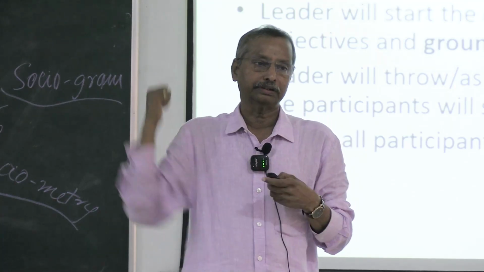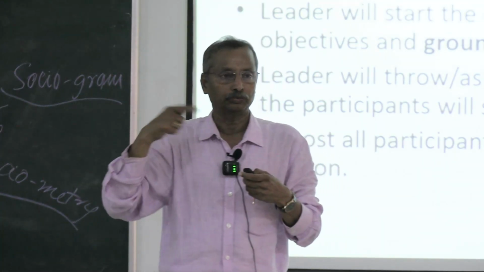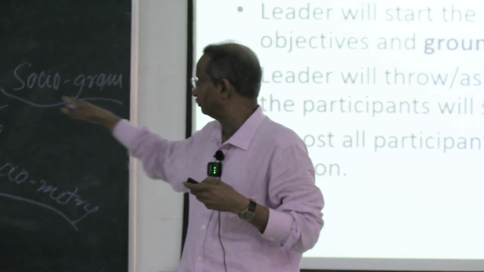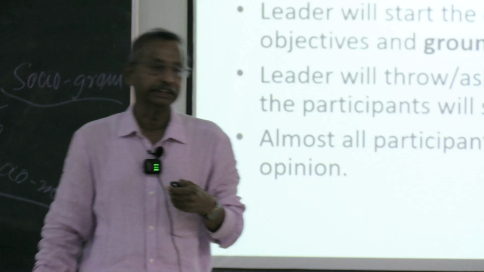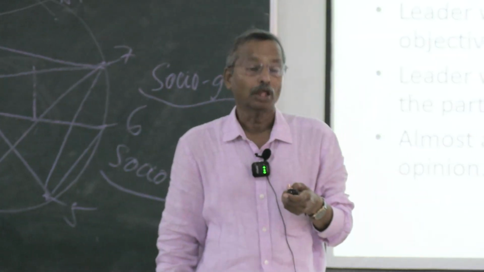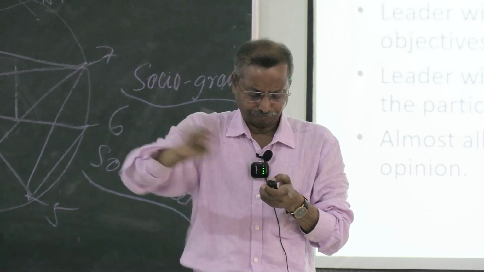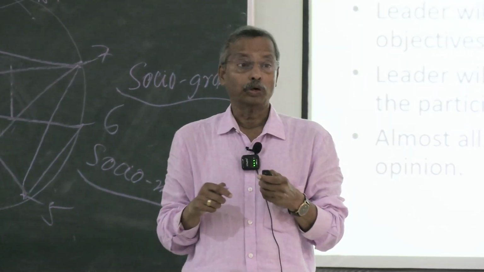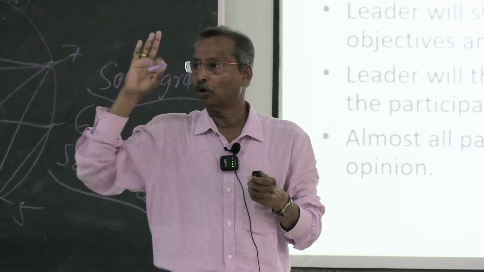A few high order questions the leader will prepare and throw one by one, and the participants will answer these questions. In this way it will be going on. When the leader thinks that this discussion is going off track, then the leader will put one low order question.